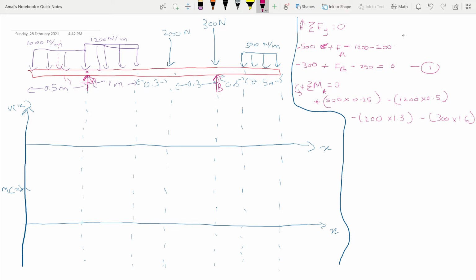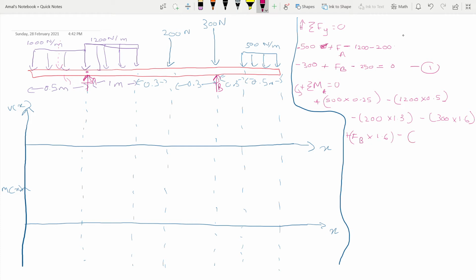And then we have a force from FB, which is going to act in the counterclockwise direction, so it's going to be a positive force times 1.6.